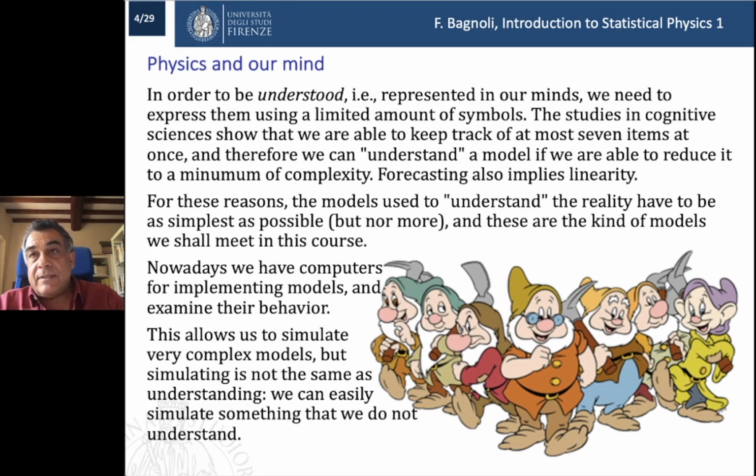If it decreases, we expect it to continue to decrease, and so on. And actually, if you think, most, if not all, of the models that you have met studying physics are linear systems, or if they are not linear, they are manipulated in order to reduce them to linearity.